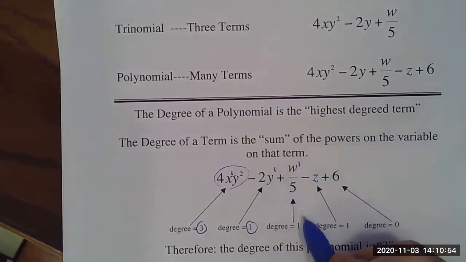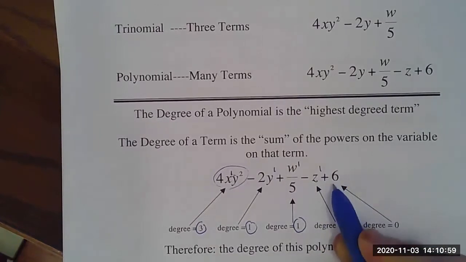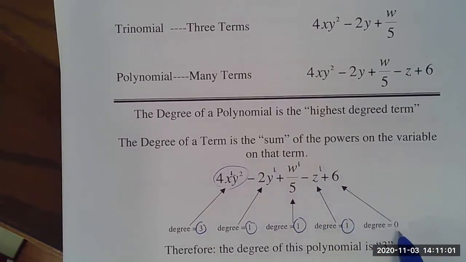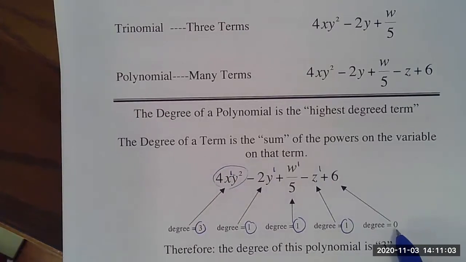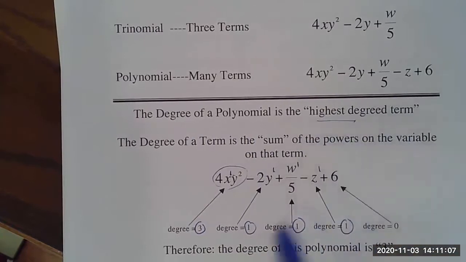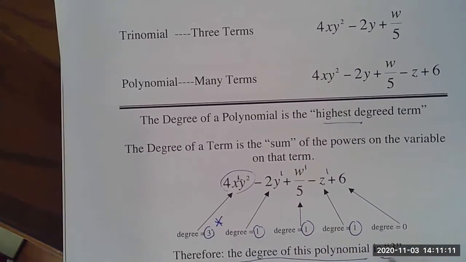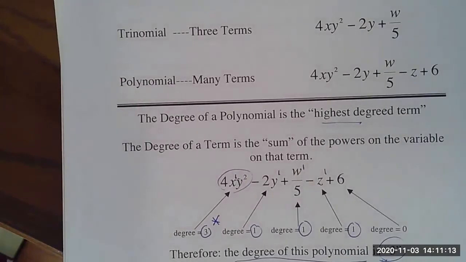Same here. And same here. And since there's no variable here, the degree is called 0. The degree of a polynomial is the highest of these. So it's this one here. So the degree is 3. The degree of the polynomial is 3. They sometimes call it a third degree polynomial.